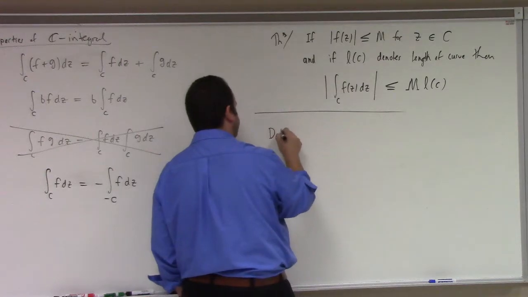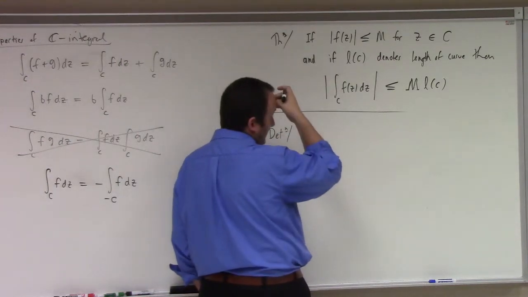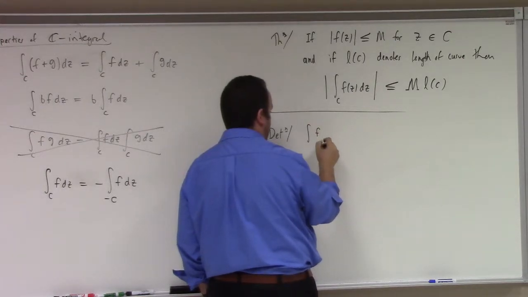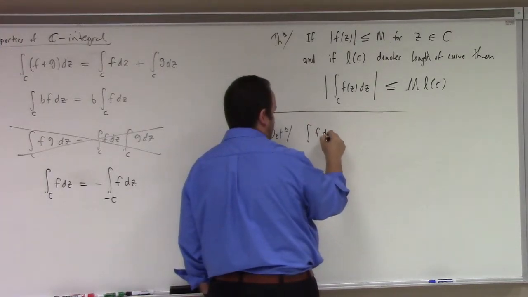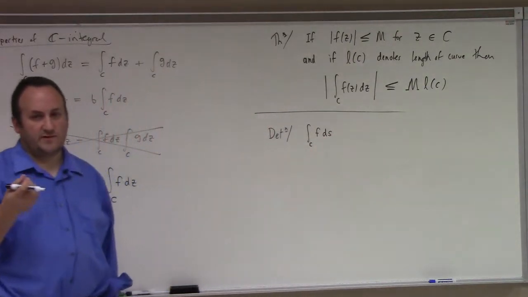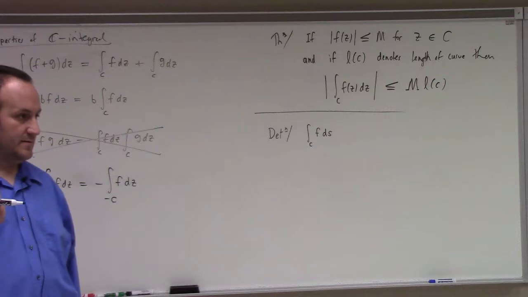Also, we make a definition that if we want to integrate a complex function with respect to arc length, so suppose f is complex valued, but you want to integrate it with respect to arc length.